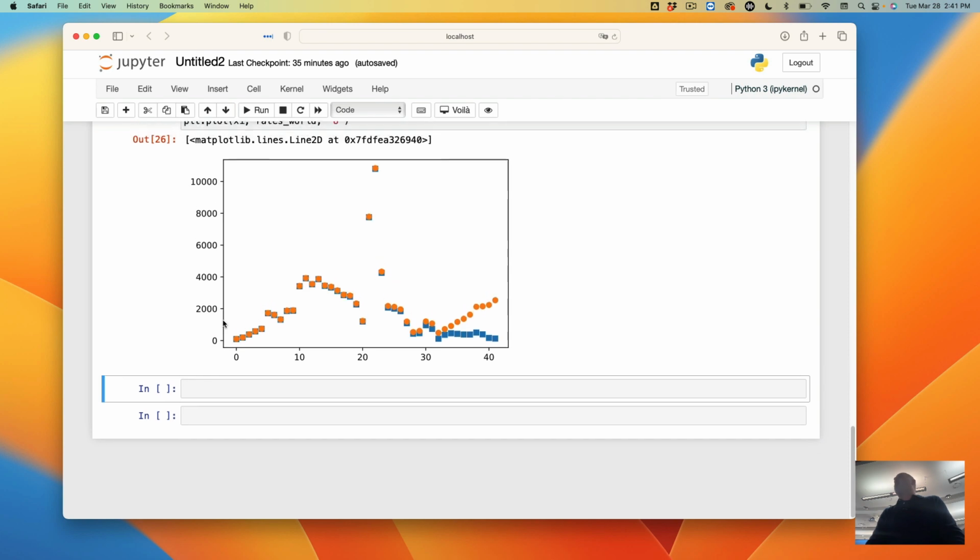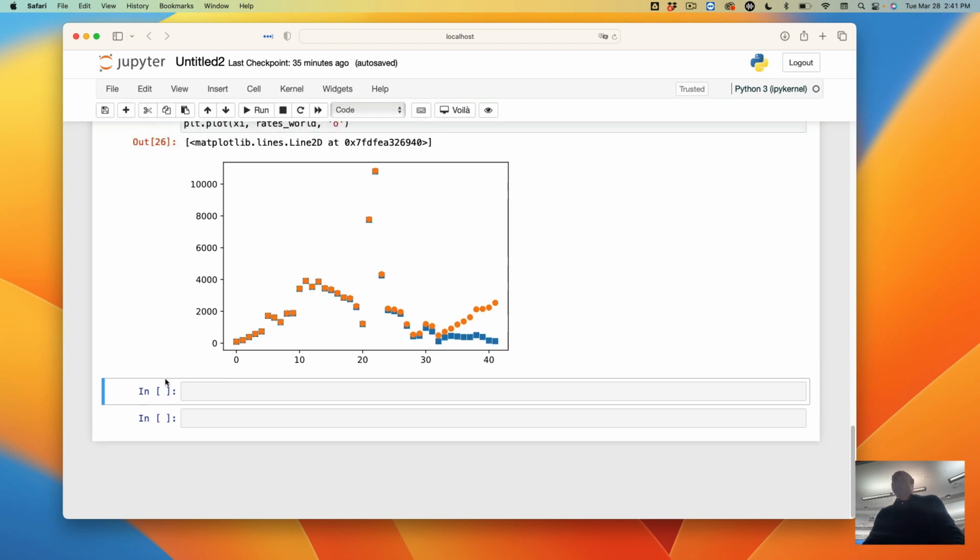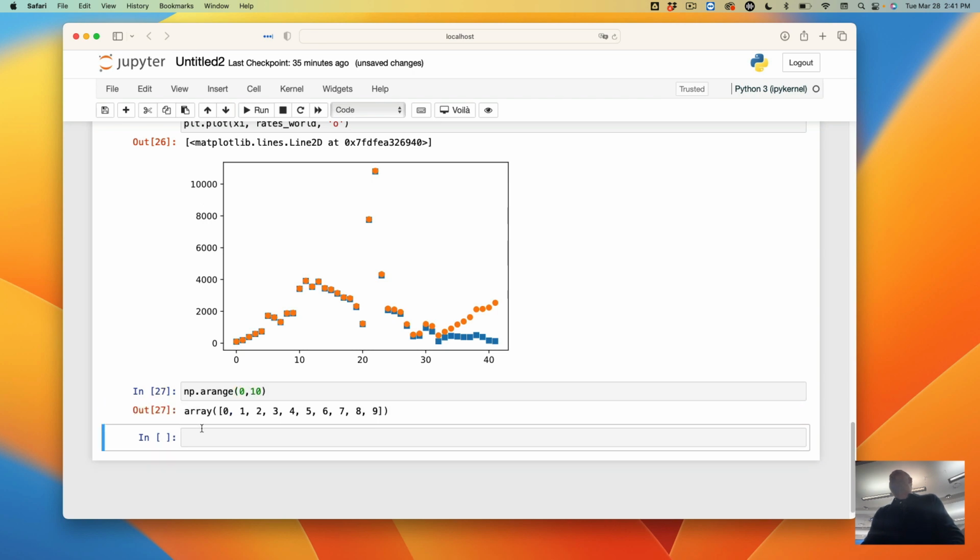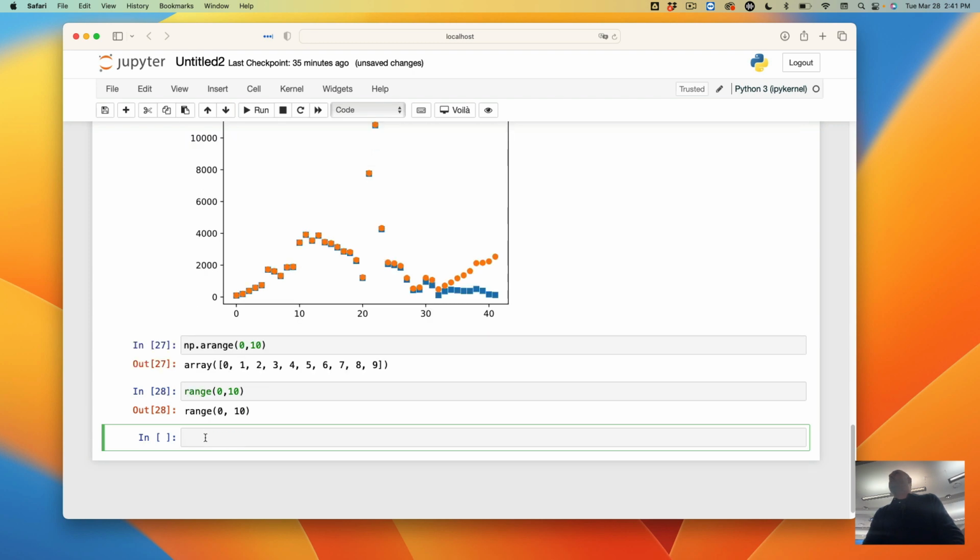And if you're in doubt, just print it. numpy.arange from 0 to 10 will give you a numpy array. If you do range from 0 to 10, it just gives you range from 0 to 10. It's not an array. The standard Python range function is used strictly for loops. It's an automatic counter. arange gives you an array with integers. All right.